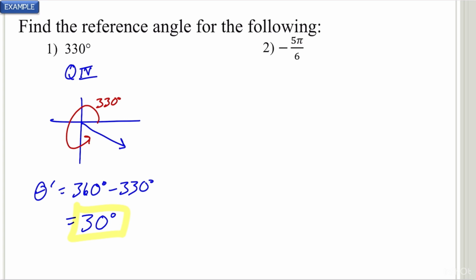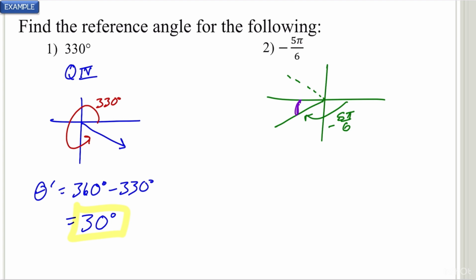Now, for question number 2, negative 5 pi over 6, that's actually going to be in quadrant 3. Remember, 5 pi over 6 is here in quadrant 2. But negative 5 pi over 6 is moving in a clockwise direction to get there. So let's go ahead and label that as negative 5 pi over 6.